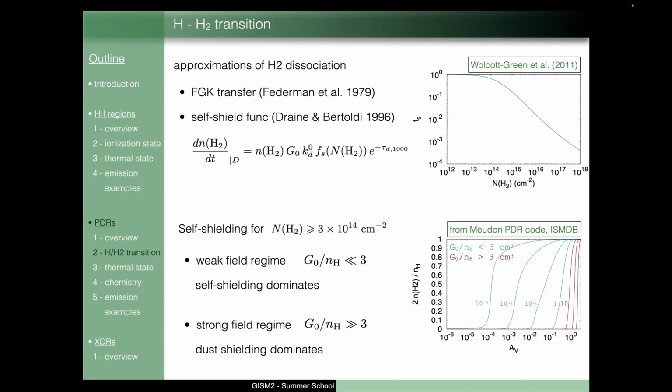But when we reach this red curve here, then we switch from H2 dissociation being controlled by H2 itself to being controlled by dust. And this is why, in fact, the H2 transition is stuck at an AV of about 1, which corresponds to the visual extinction at which the dust absorbs the radiation field.